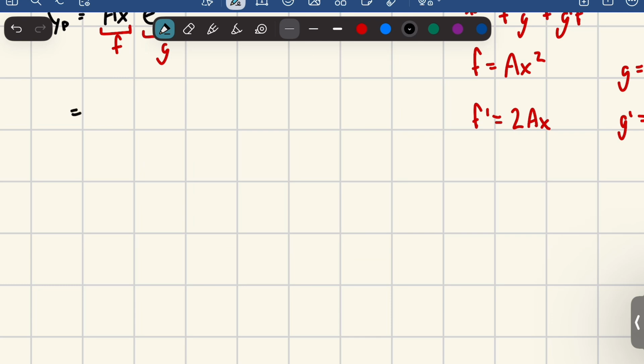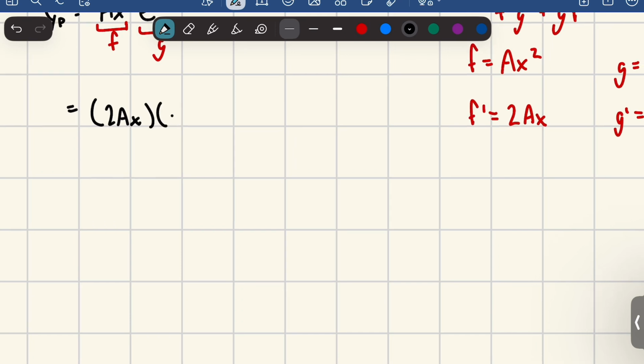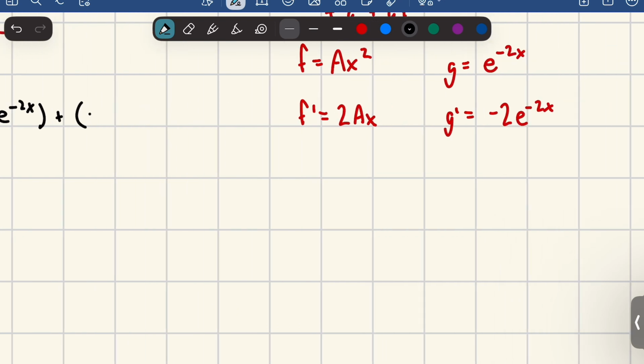So it's going to be f prime, so 2ax times e to the negative 2x, plus g prime, negative 2 e to the negative 2x, times f, ax squared.